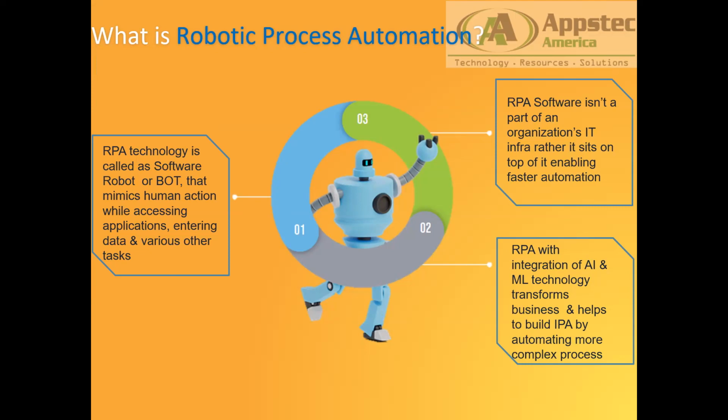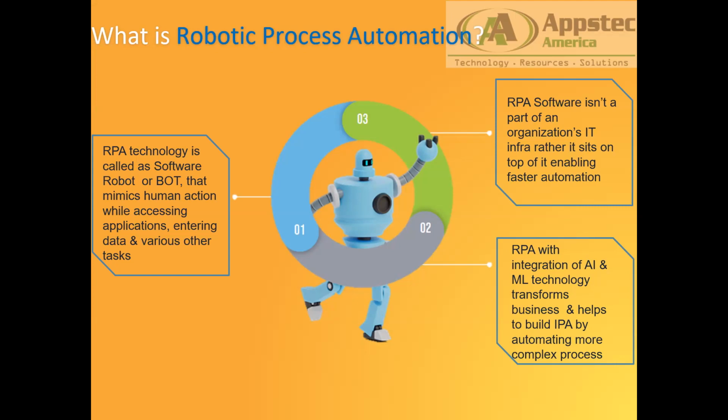Now if your software itself is very old or legacy software, then there is no point of you developing an RPA robot and putting it on top of it, because your software itself is taking a lot of time to respond. Correct? So in that case, your execution time is never going to be less. Right? So there are certain exceptions to it, but on top of it, your RPA robots can execute on top of any business application, mimicking human actions, and then start processing and completing the task on your behalf.